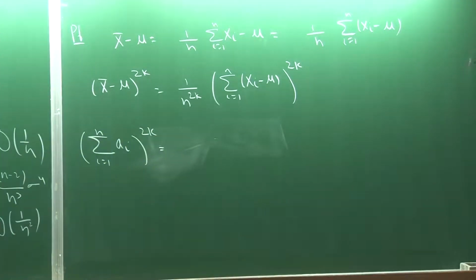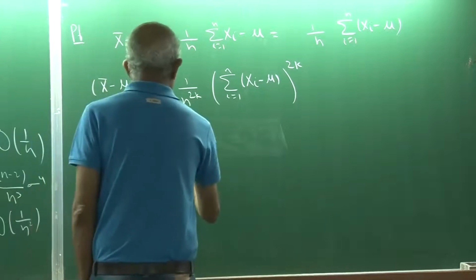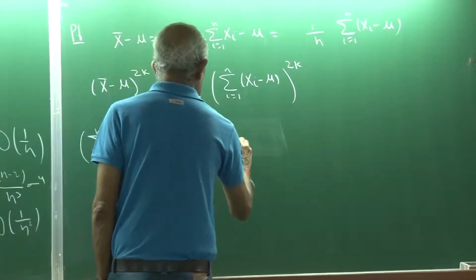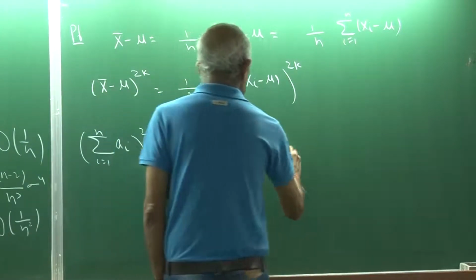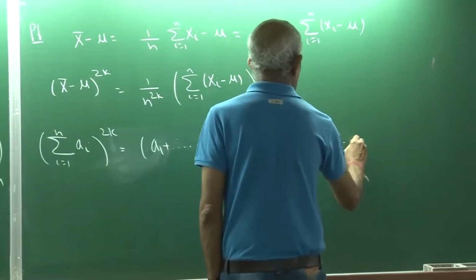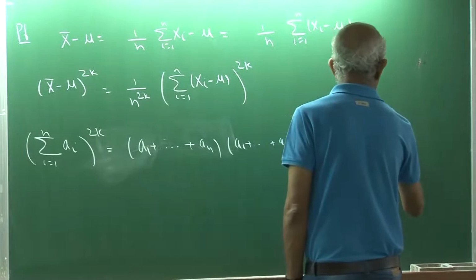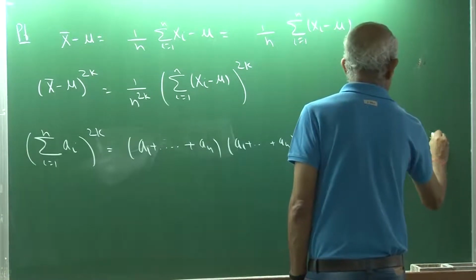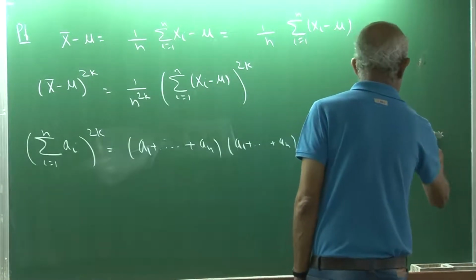How do you do it? The way to do it is simple combinatorics. I write down a1 plus a2 plus ... plus an, a1 plus a2 plus ... plus an, 2k times.